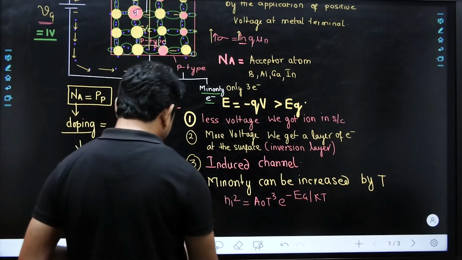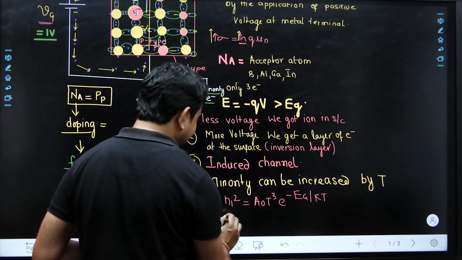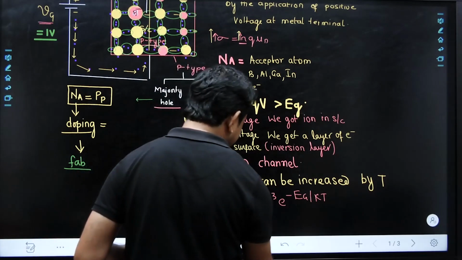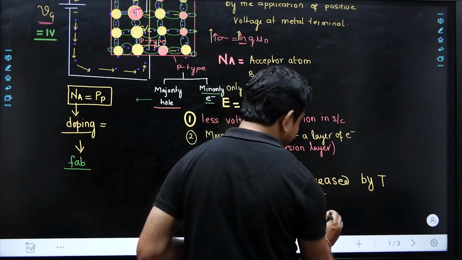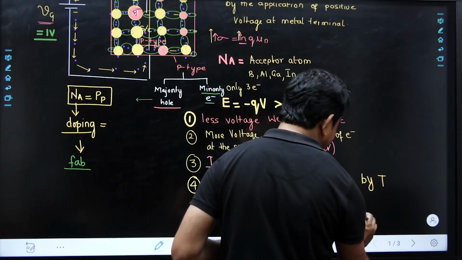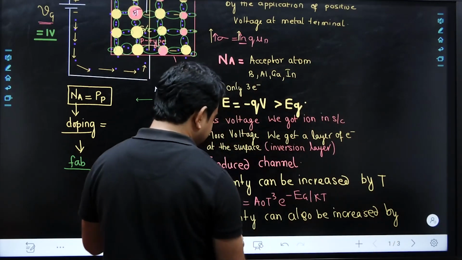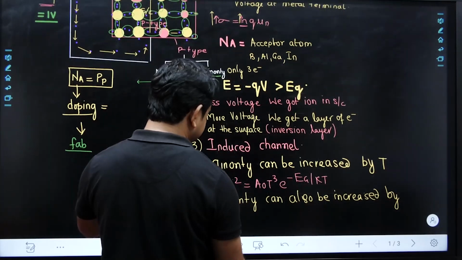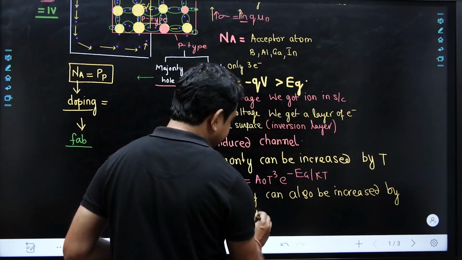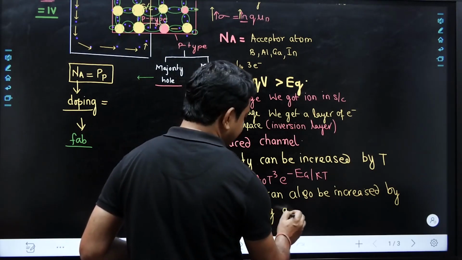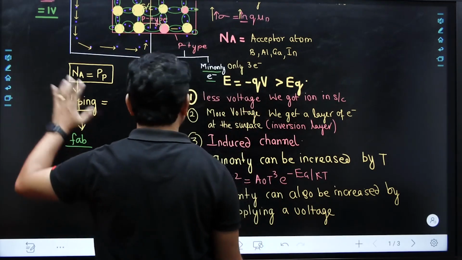So I want to add here the fifth point. The minority can also be increased by applying a voltage, and here it is not actually called breakdown voltage.